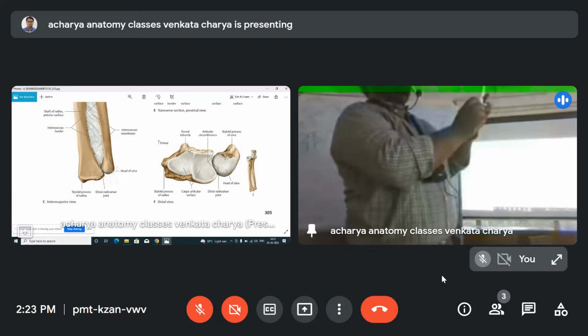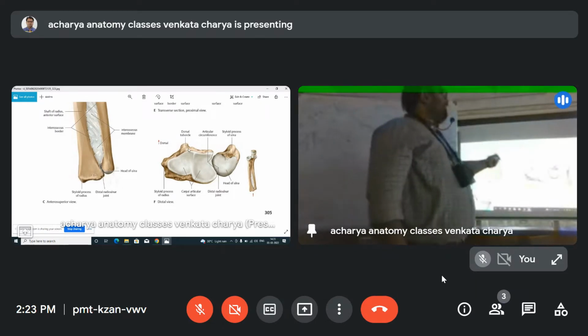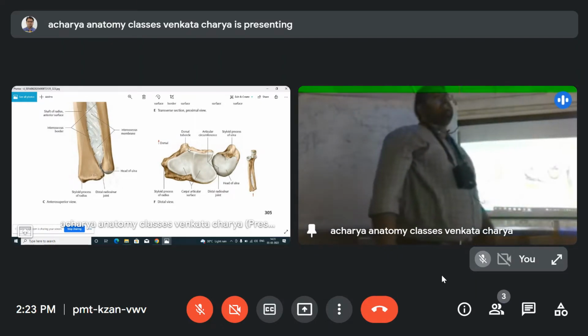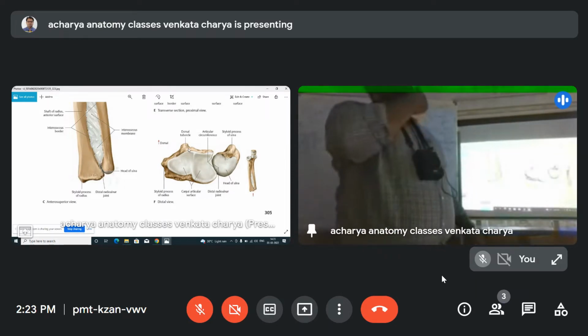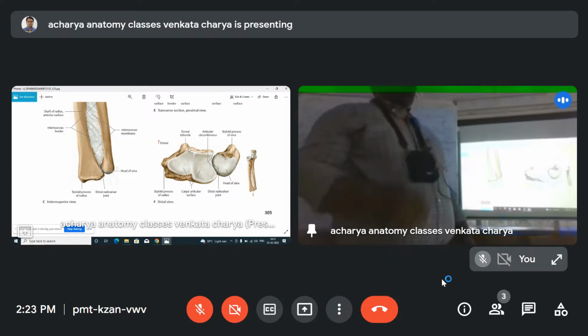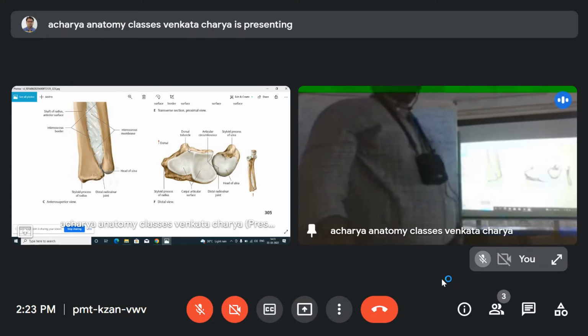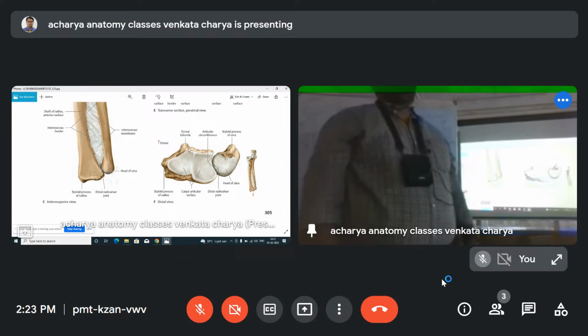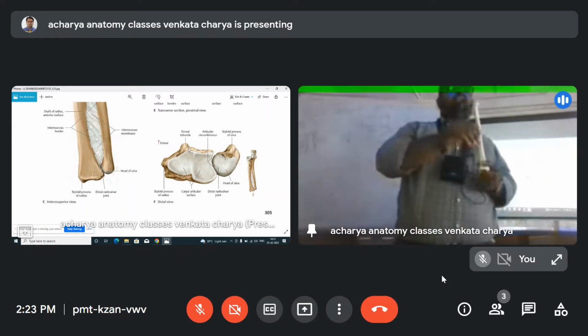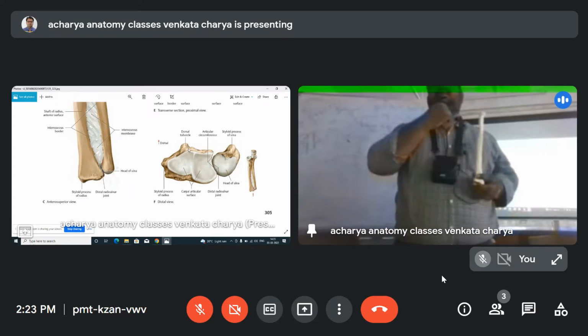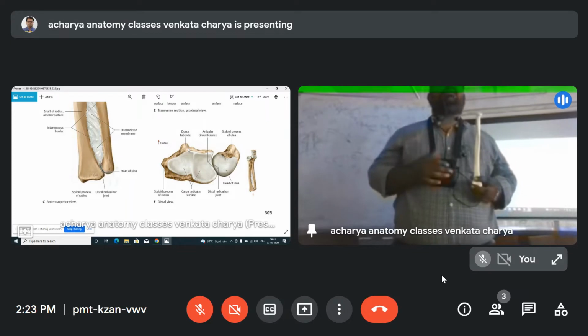This one is the Lister tubercle. Lister tubercle is also called dorsal tubercle, which faces posteriorly. So these are the side determination points of the radius.